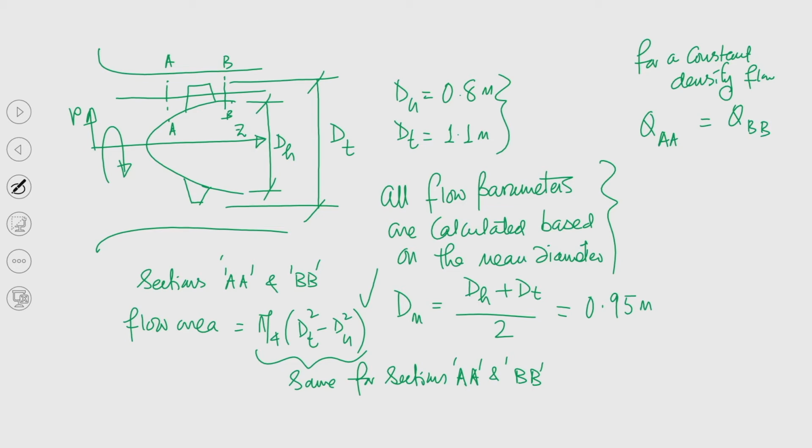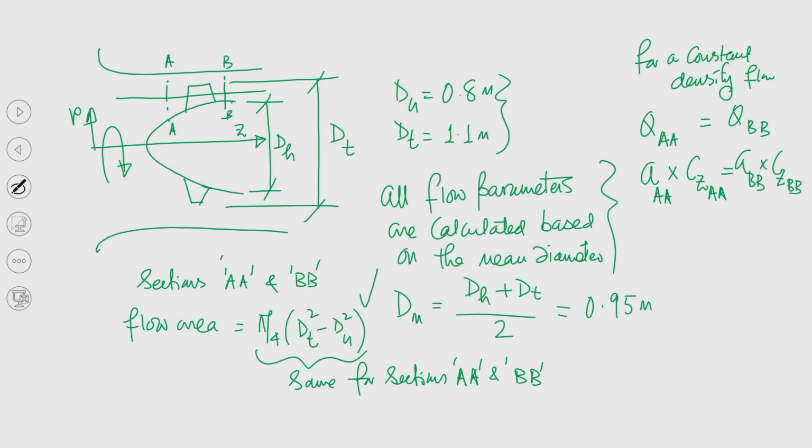Now, if the density is constant, then we can write area of section A into the flow velocity Cz1 or CzA will be equal to area at section BB into CzBB.